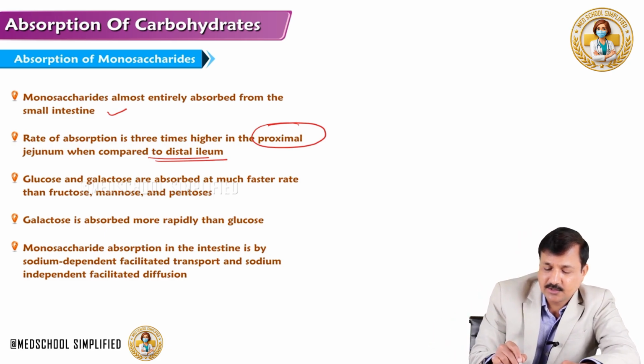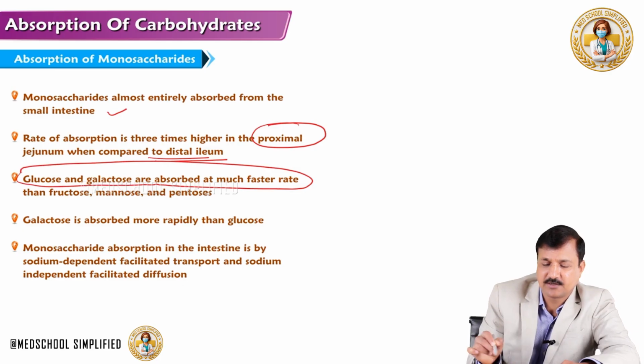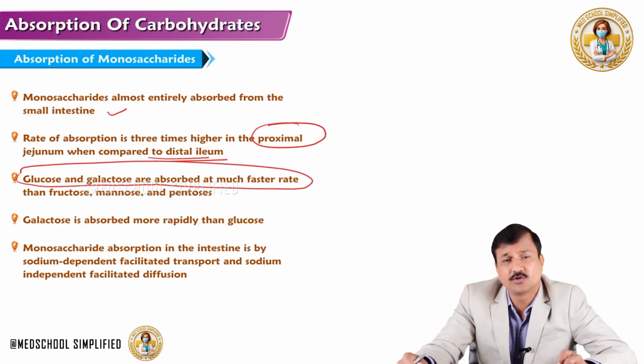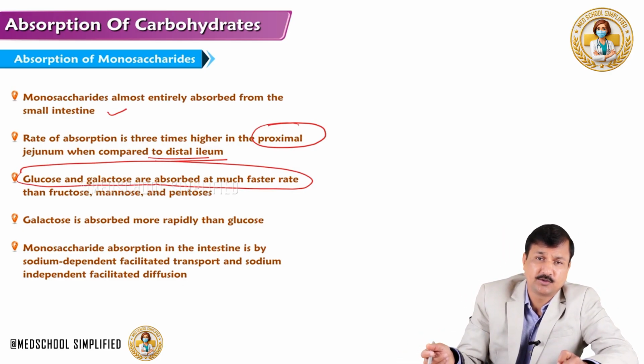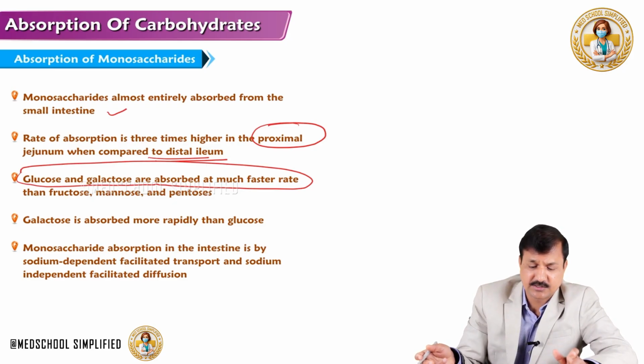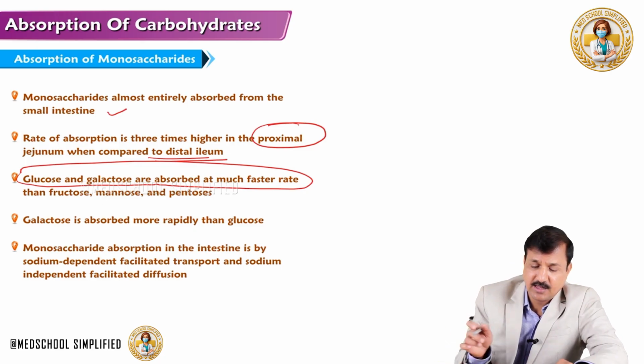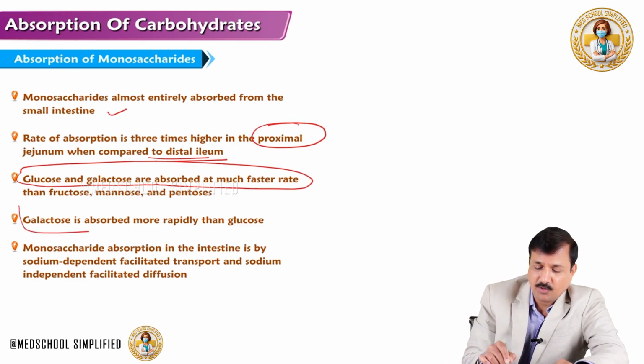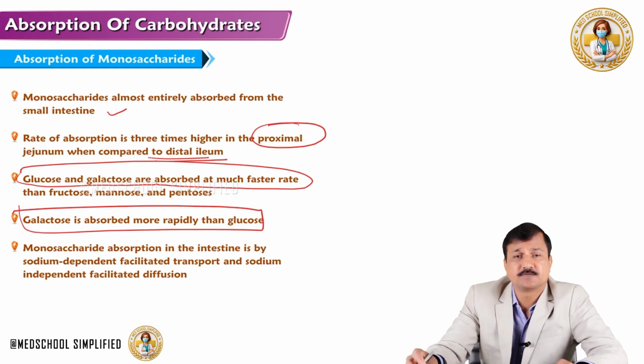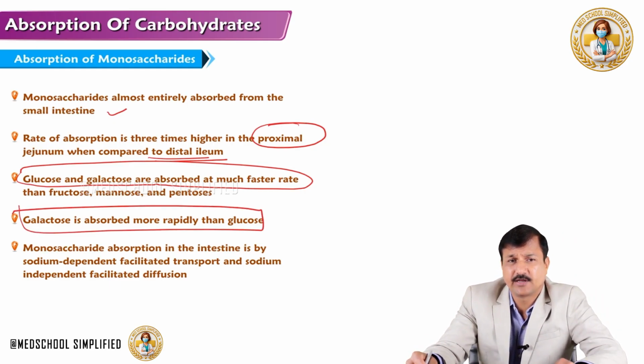Glucose and galactose absorption is much faster than the absorption of fructose, mannose and other pentoses like ribose. That means glucose and galactose absorption is more efficient. And galactose is absorbed more rapidly than glucose. That you must be aware of.